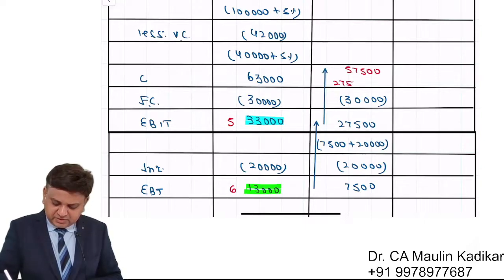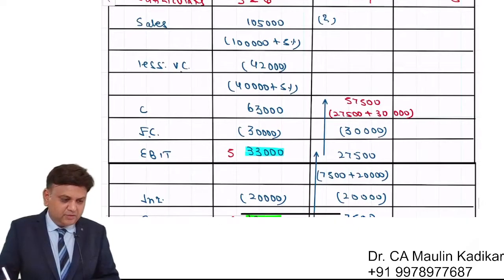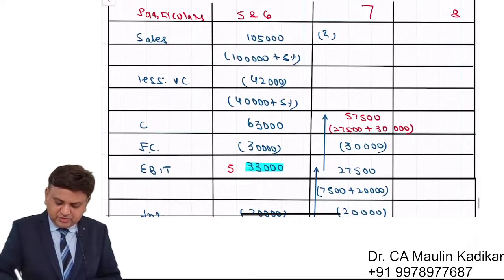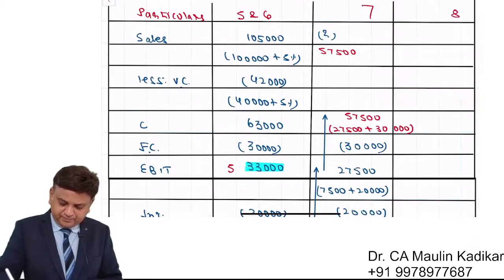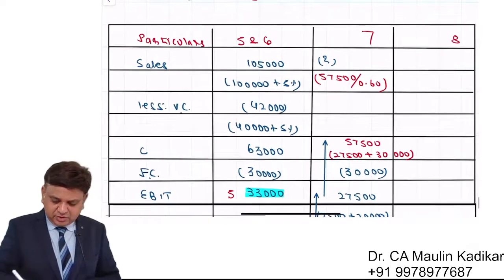That is 27,500 plus 30,000. Profit volume ratio is 60%. So sales value will be 57,500 divided by 0.6, which is 95,833.33.